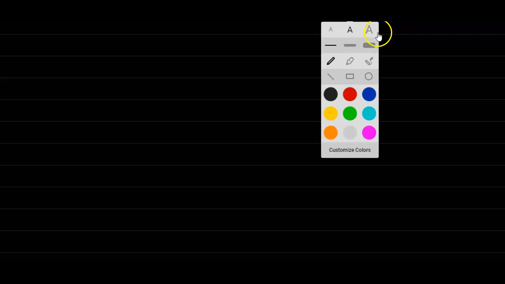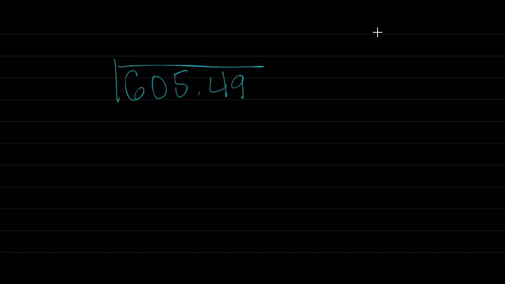Let's clear all. Okay. All right. 605 and 49 hundredths. And for whatever reason, we are going to divide that by 8. We don't know why. Okay, but we are going to make sure that we keep our place value, right?